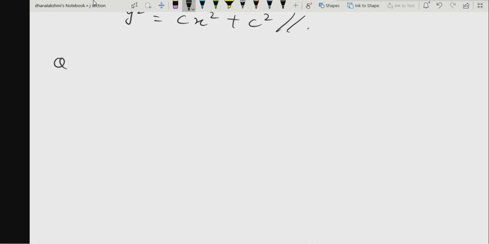Suppose this question, we are running out of time. I have another class also. e to the power 3x into p minus 1 plus p cube into e to the power 2y equal to 0. This is a question. Again, you can convert this into some Clairaut's form by some substitution.